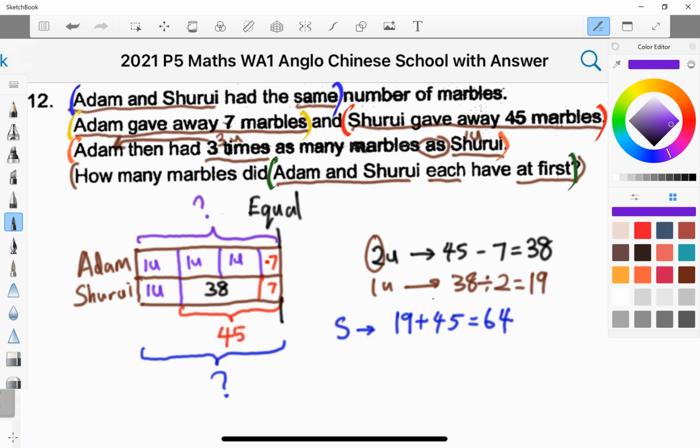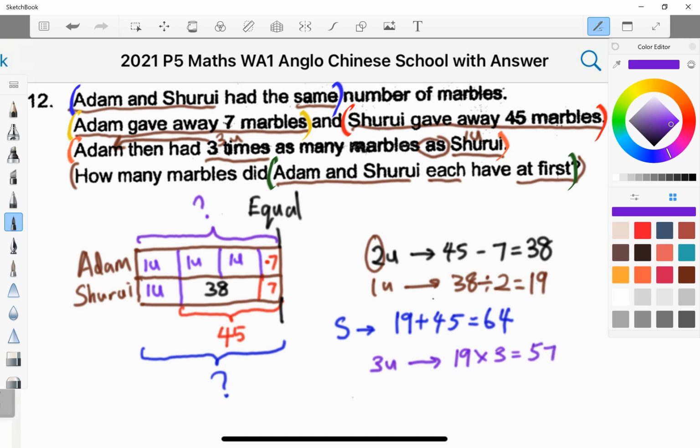If Adam at first is also 64, that will mean I've gotten the correct answer. And that will be a bonus for me in exam. Going back to my earlier equation, 1 unit is 19. To find Adam at first, I'll have to find out 3 units. So 3 units will be 19 times 3, which is none other than 57.